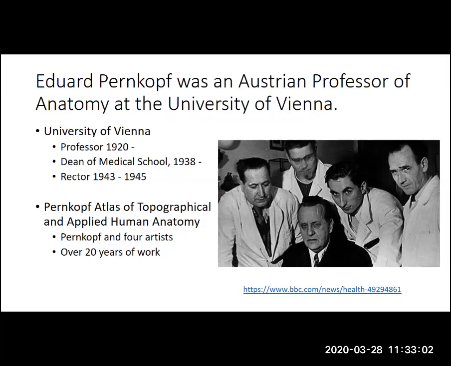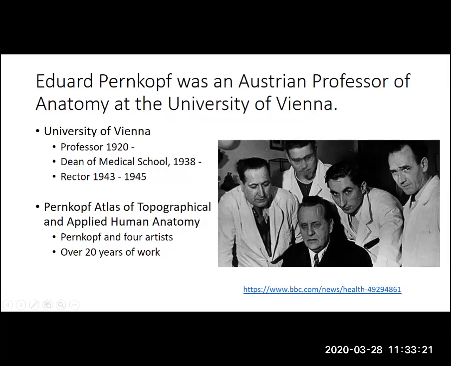During this period of time, over a period of over 20 years, he worked with a series of artists. So here's Pernkopf in the middle with artists around him, the 4 artists that he worked with during the majority of this time to create Pernkopf's atlas of topographical and applied human anatomy.